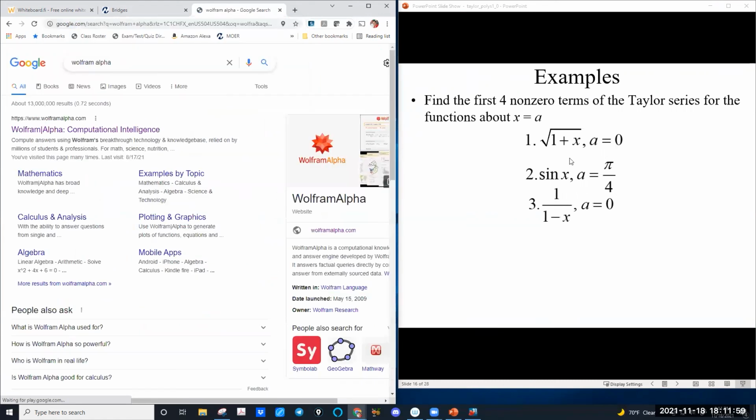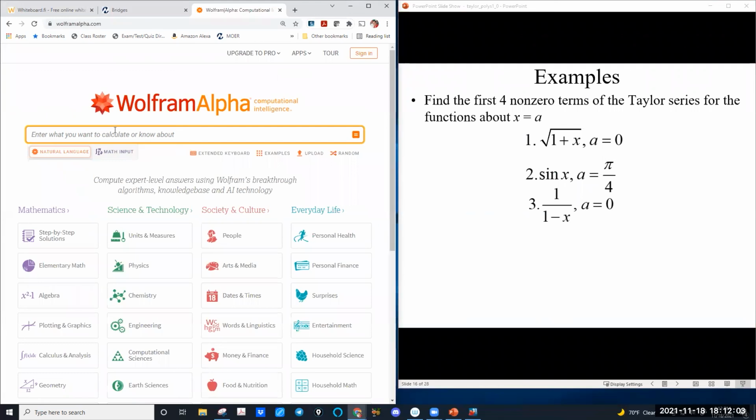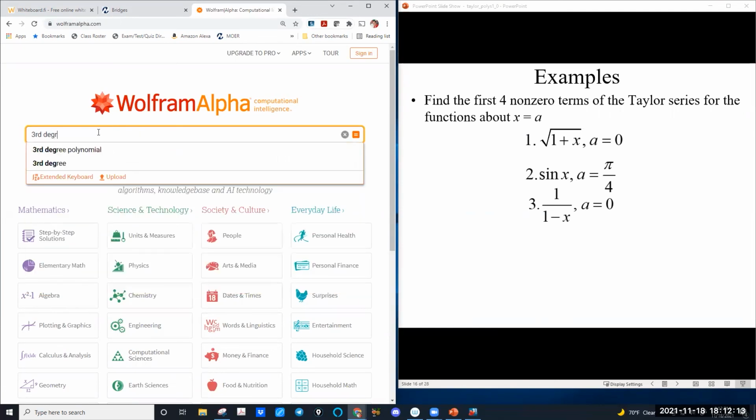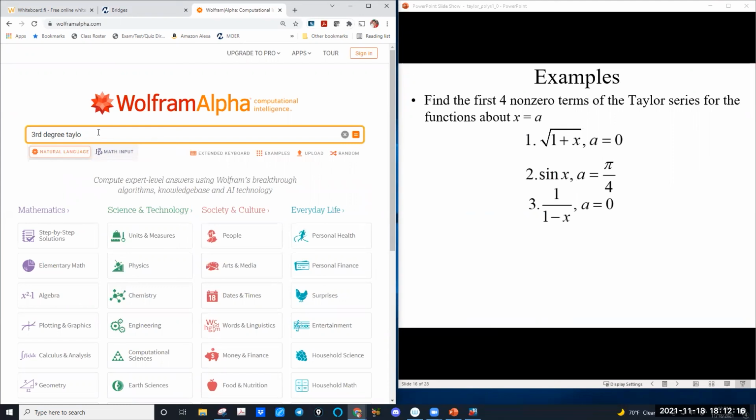So let's do number 2 with Wolfram Alpha. We want the first 4 non-zero terms. The first term would be non-zero, so we'd be basically looking at 3rd degree. You can literally type it in.